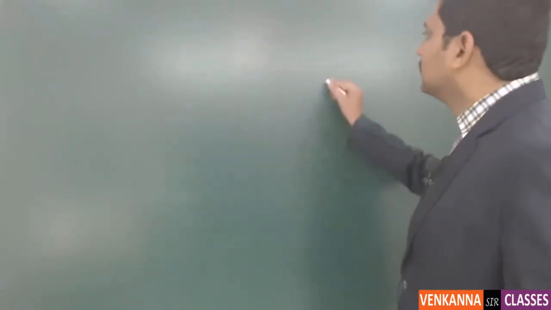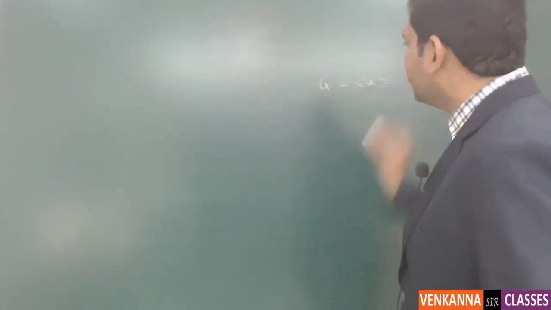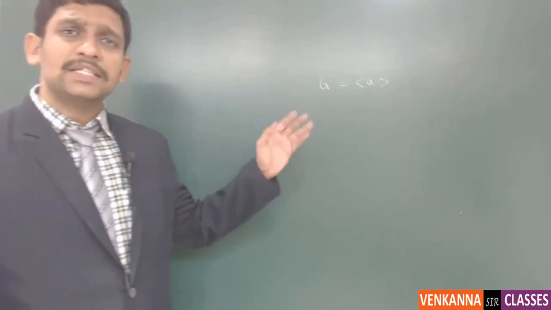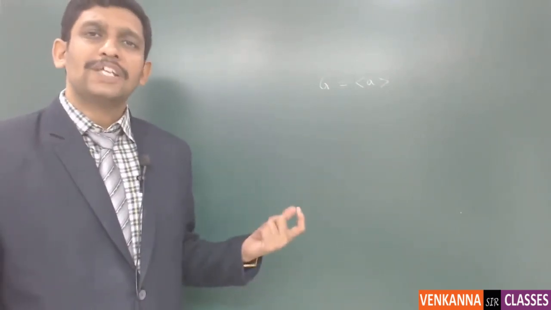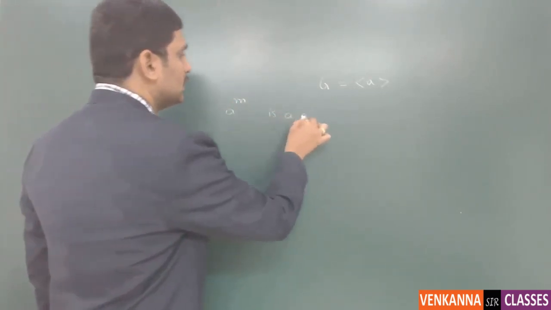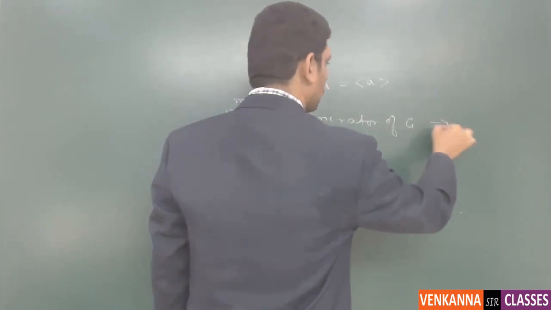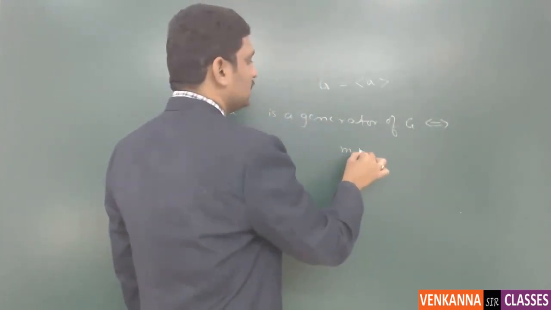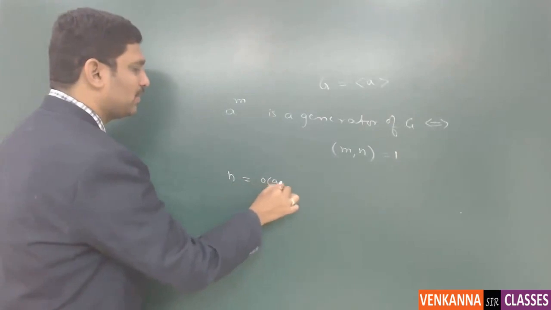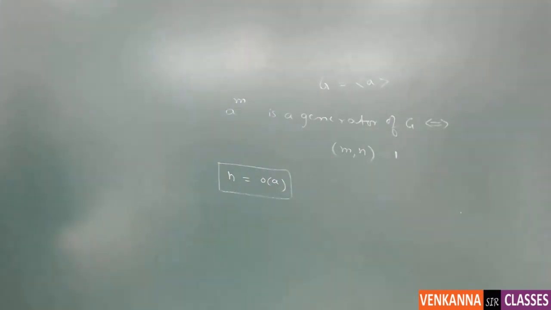There we discussed that whenever you have a cyclic group generated with an element A, while finding the other generators of the group, we follow a standard result that A power m is a generator of G if and only if GCD of m comma n equal to 1, where n is nothing but the order of the element A. This is the result we discussed, right?